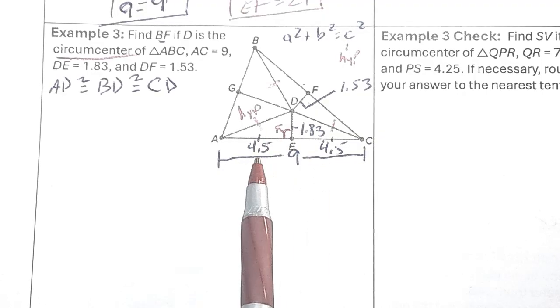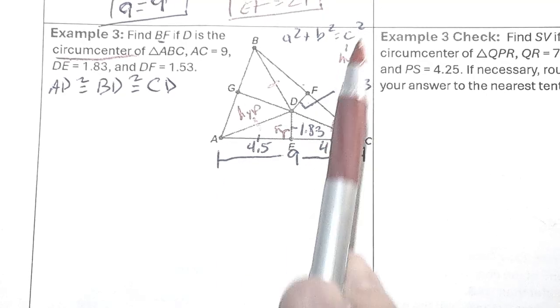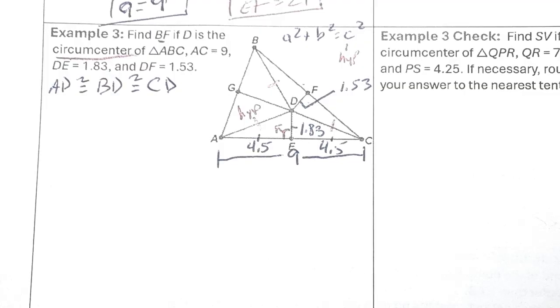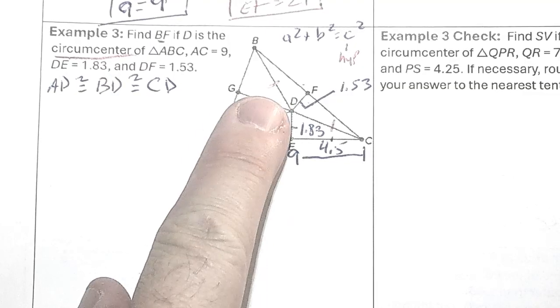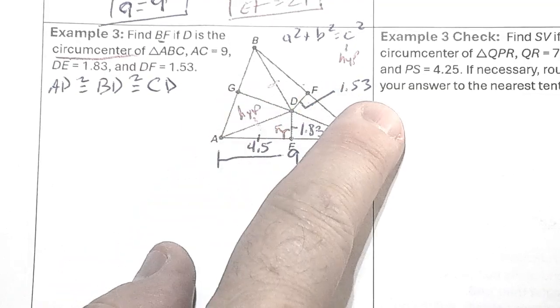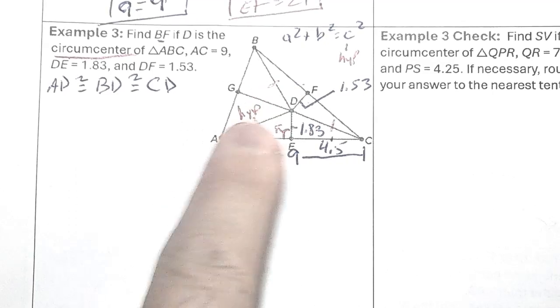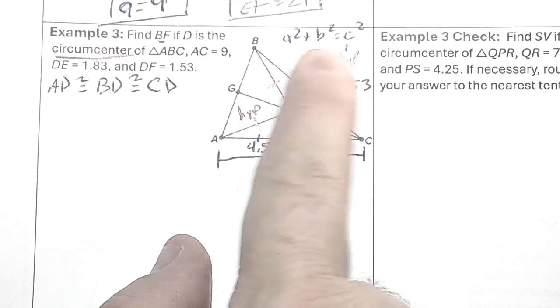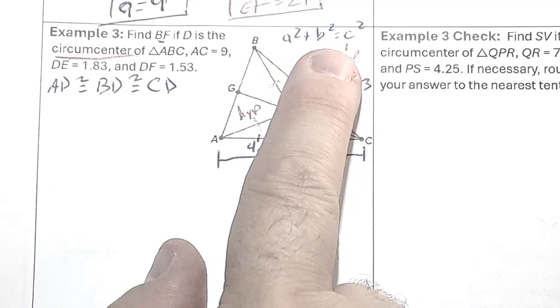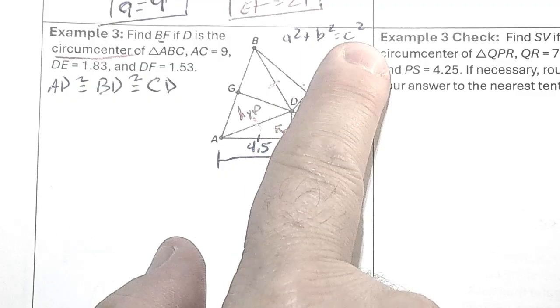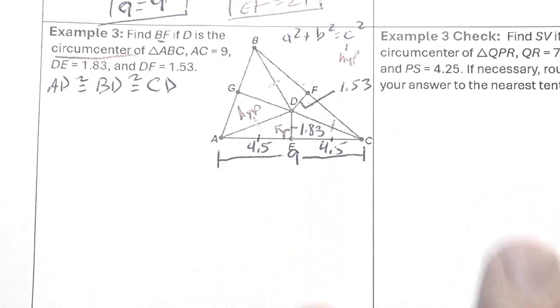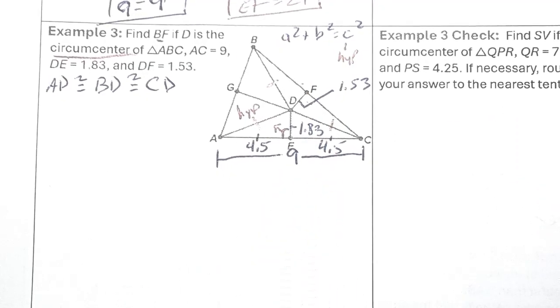A squared plus b squared equals c squared. C is always the hypotenuse. And then here, these two are the same, so we're going to use this minus this to find this one. Just like a squared plus b squared equals c squared, if you were looking for b squared, it's c squared minus a squared. I'll write it again because we're going to have to do two of these. Luckily, you guys are only doing one over there.